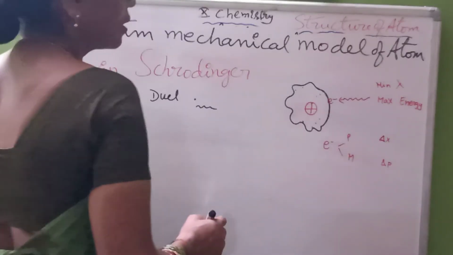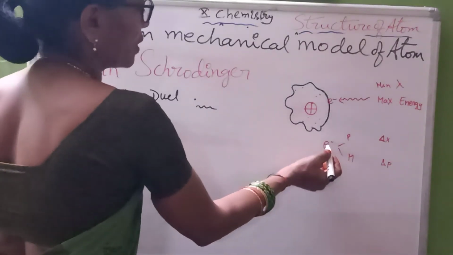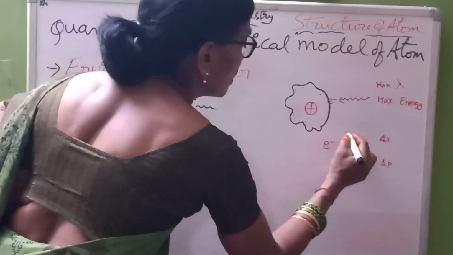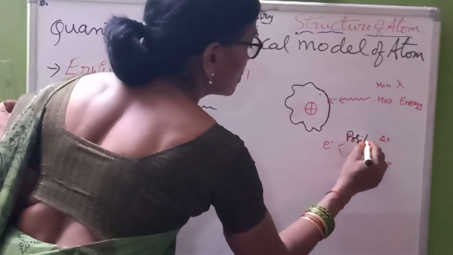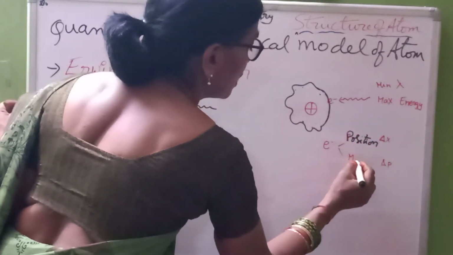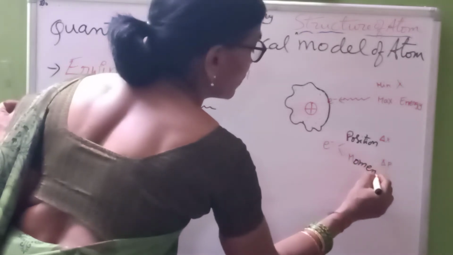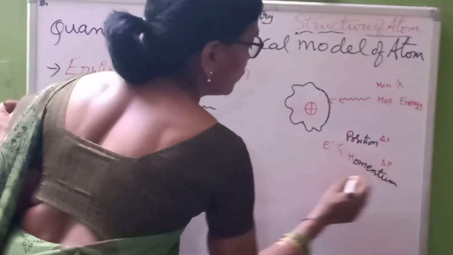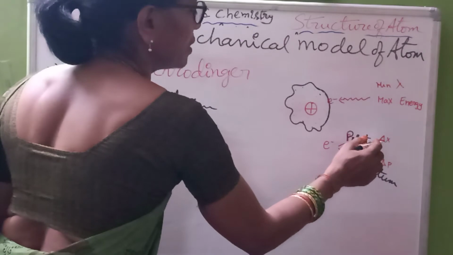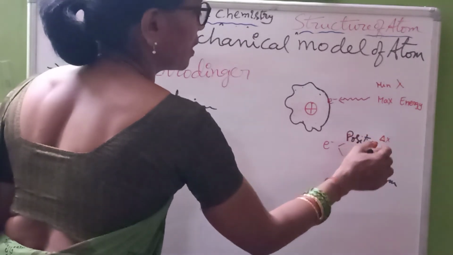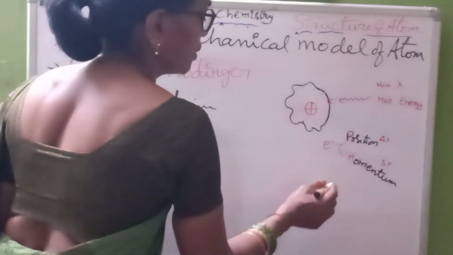At a time, it is difficult for us to know both the position of the electron and the momentum of the electron. The position is designated as delta x, and the momentum as delta p.